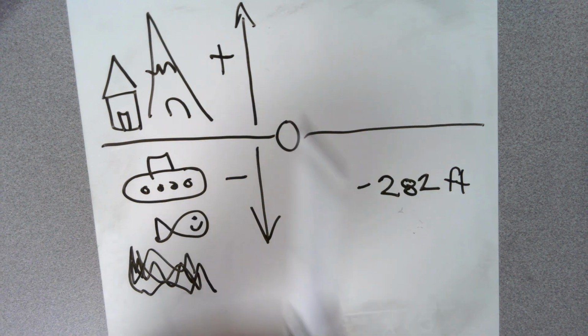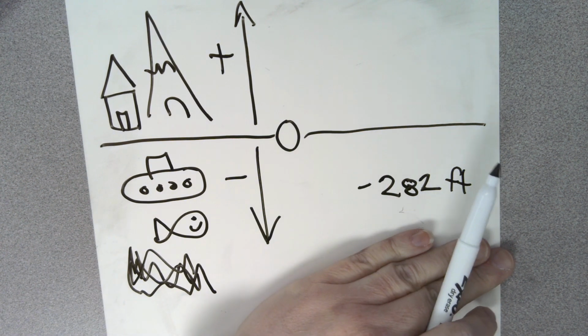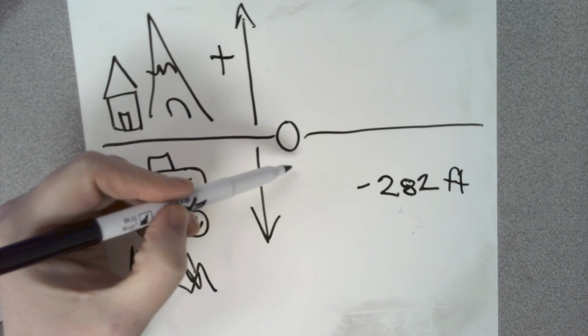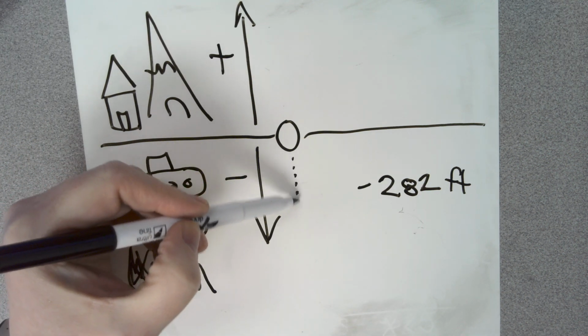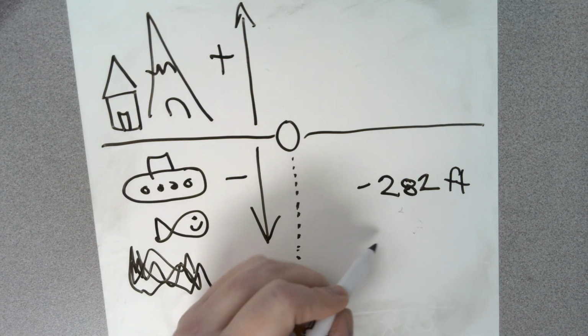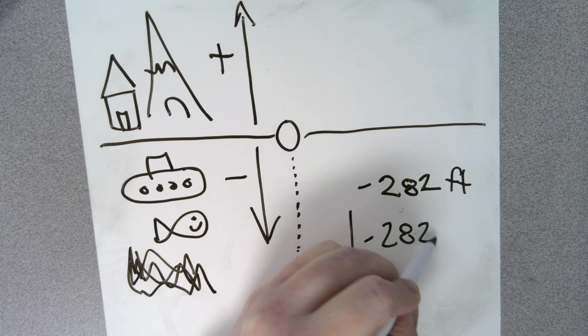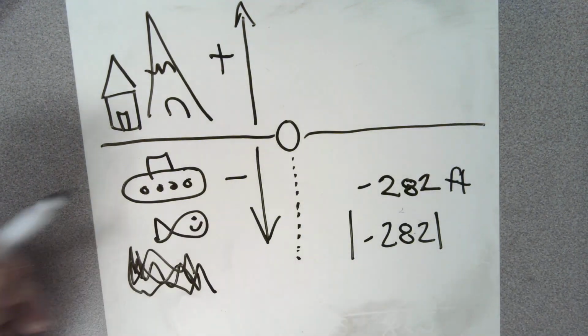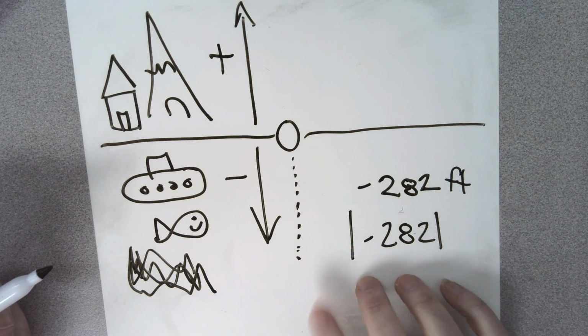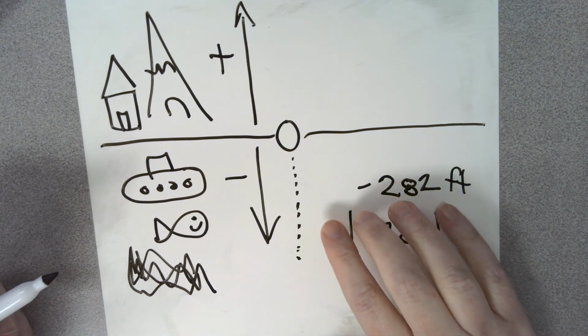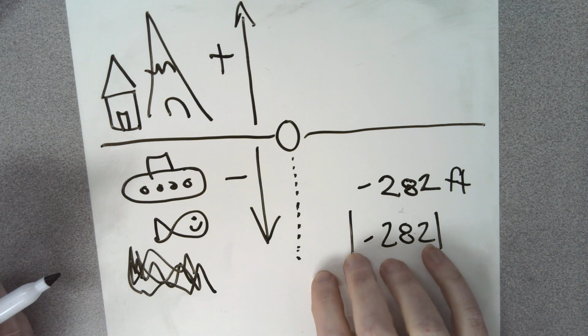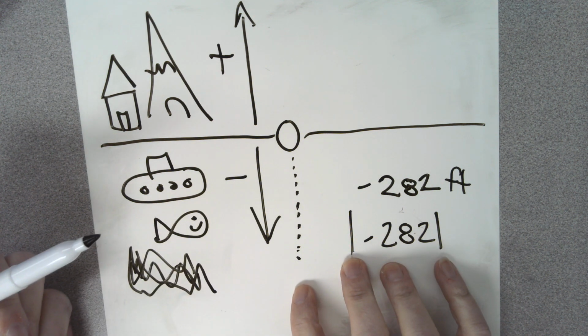Well, we know we're below 282 feet, so you'd think it'd be the same answer. Sort of. They're asking you how many spaces below 0, or you would say the absolute value of 282. That's how you write this. So this one is the actual distance. This one is the number of spaces from 0.